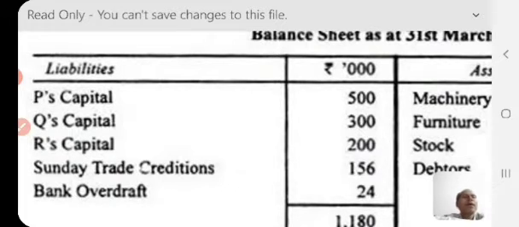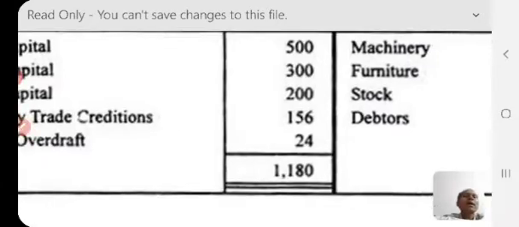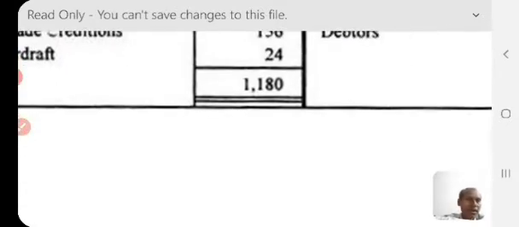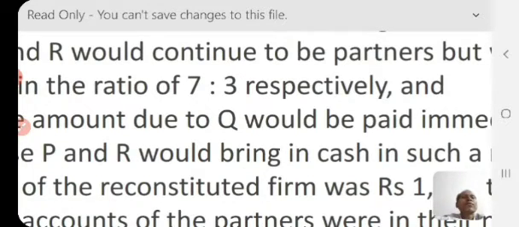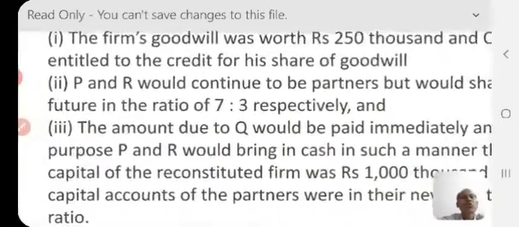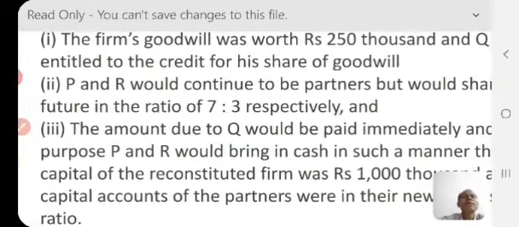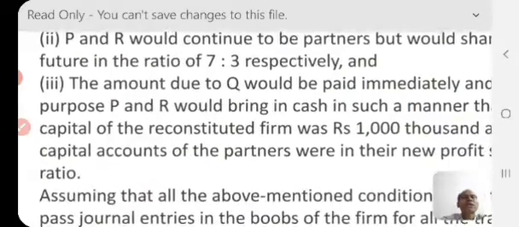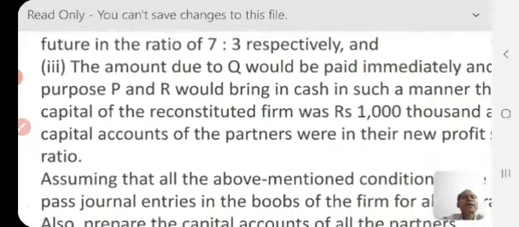This capital should be adjusted with the continuing partners, and the cash should be paid immediately.